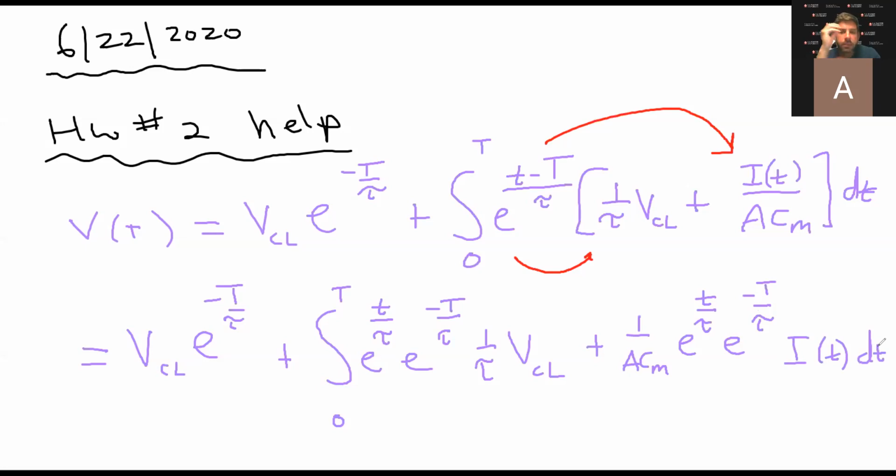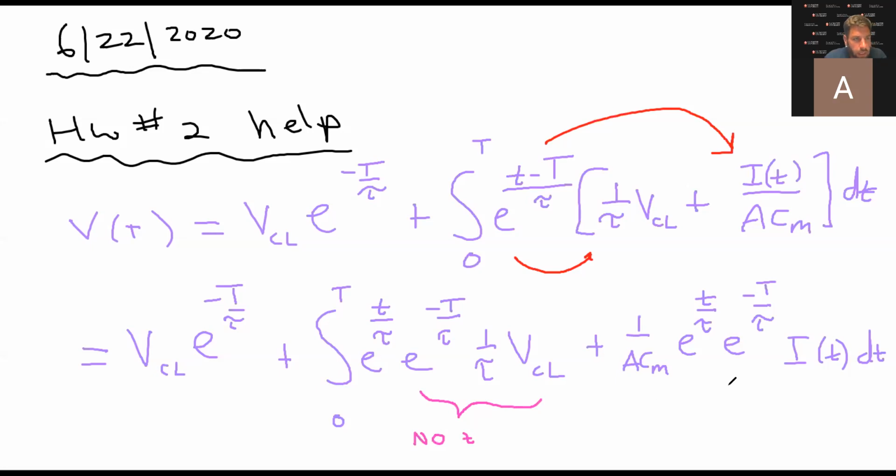So again, I'm taking this initial exponential in the front, and I'm going to break it into two pieces. The way I'm breaking it up is because in the one piece, there's no variable of integration. What I mean by that is if you look at this piece right here, this guy doesn't depend on t.